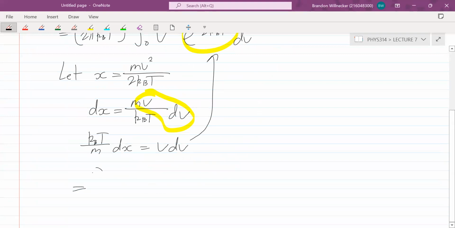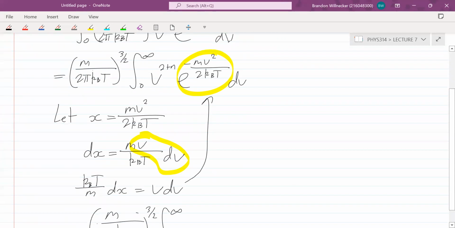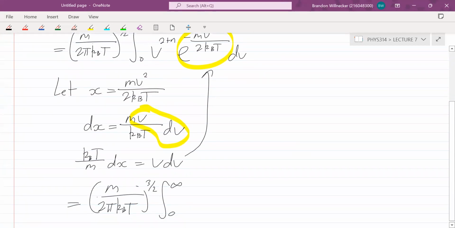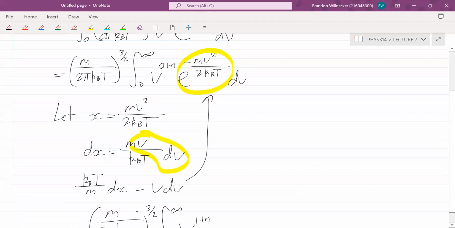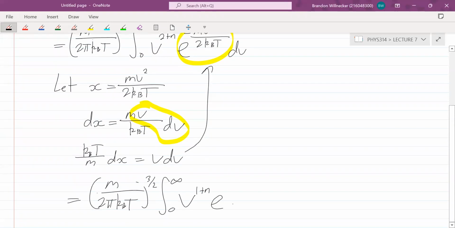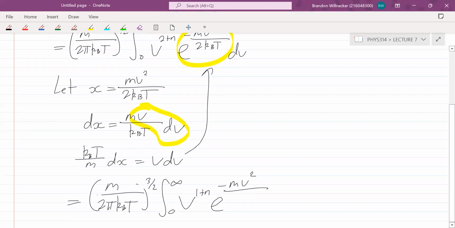Okay, so this is going to be the integral from 0 to infinity. Sorry, I forgot the prefactor. So we're going to have m over 2 pi kbt to the 3 over 2, integral from 0 to infinity, v to the 2 plus n. We took one of the v's out, so it's v to the 1 plus n, e to the minus mv squared over 2 kbt.